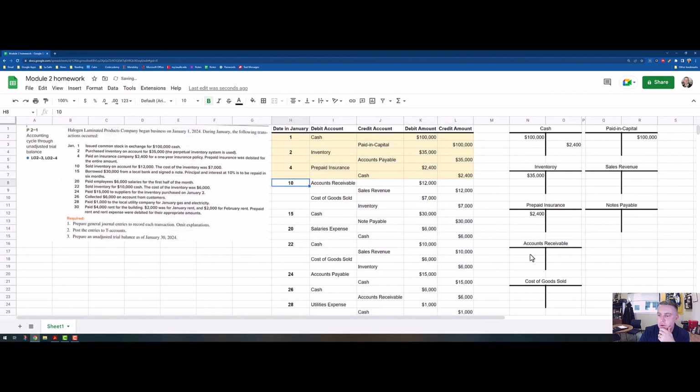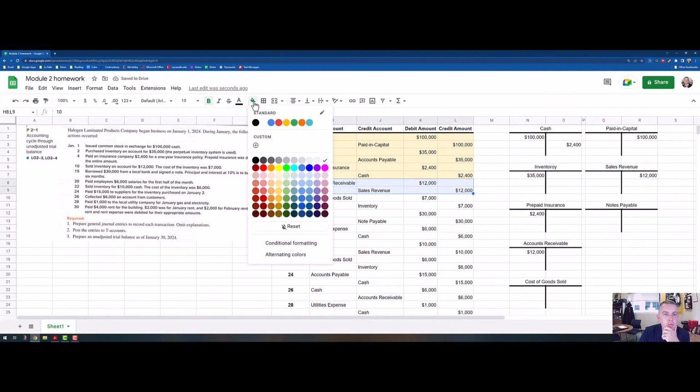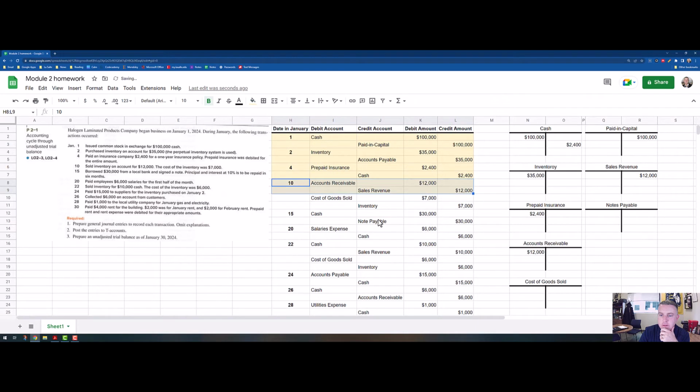Accounts receivable. So this is going to be 12,000. And then sales revenue, 12,000. Okay, you can see what I'm doing is I'm literally posting these into the T accounts. And posting means I'm taking the journal entry and I'm putting them into the general ledger accounts.